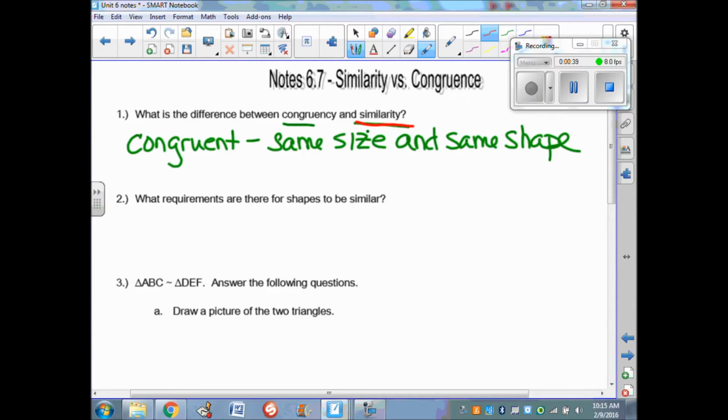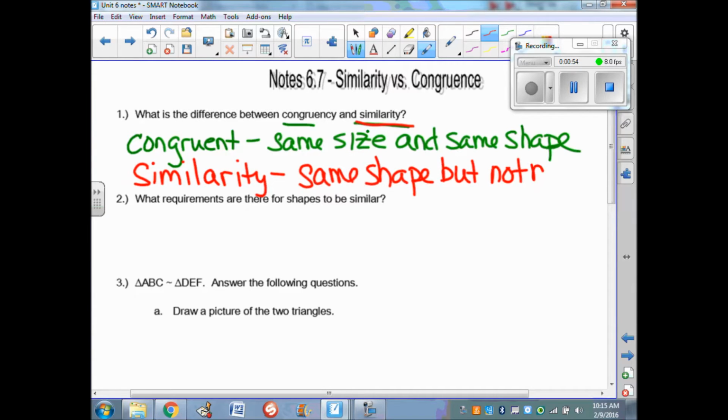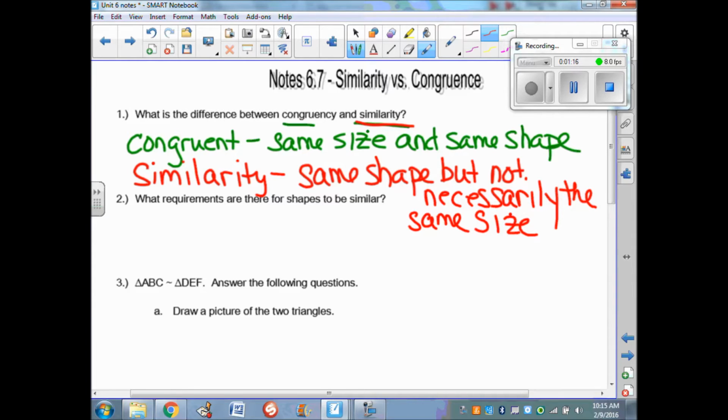So then similarity means same shape, but not necessarily the same size. Okay?